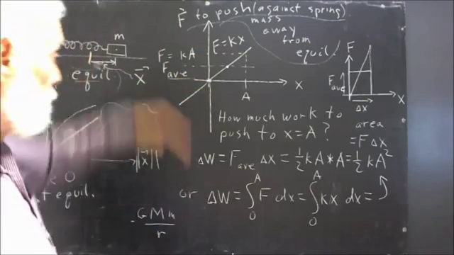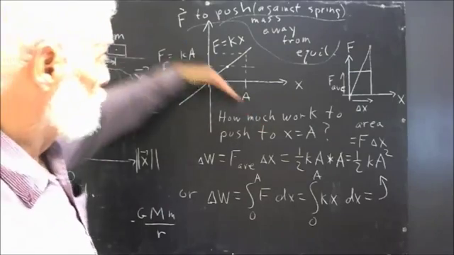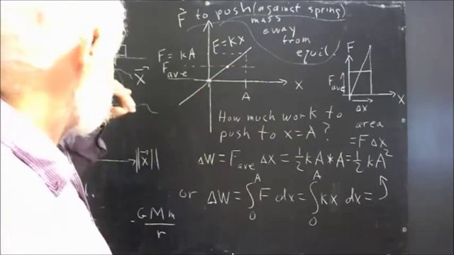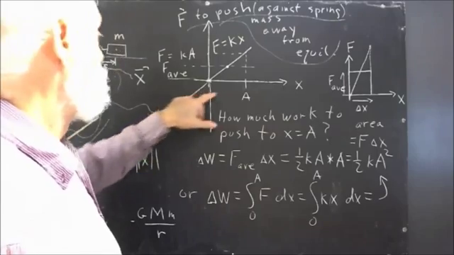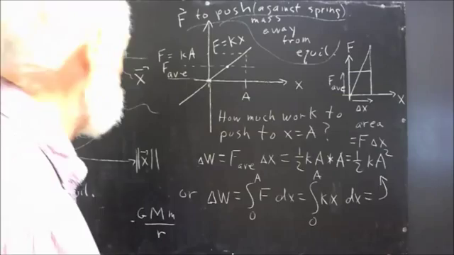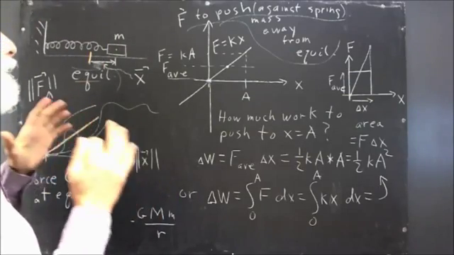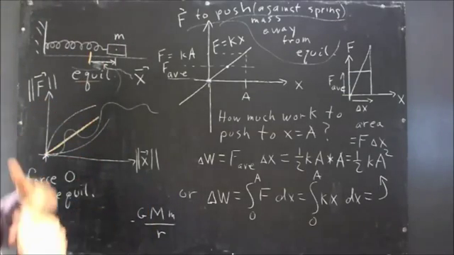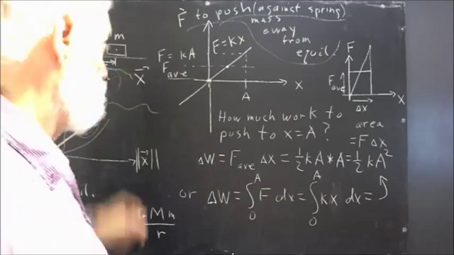Force exerted by the spring would have a graph that looks like this. It would exert a positive force when x is negative and a negative force when x is positive. Okay, so we're looking at the work I have to do to extend the spring, basically.